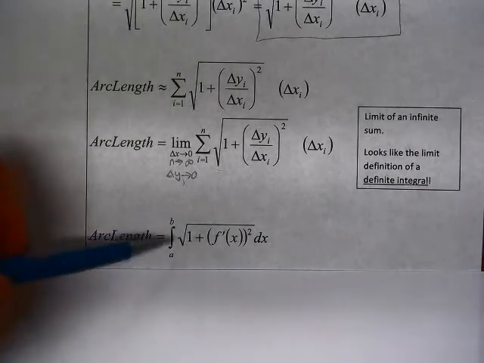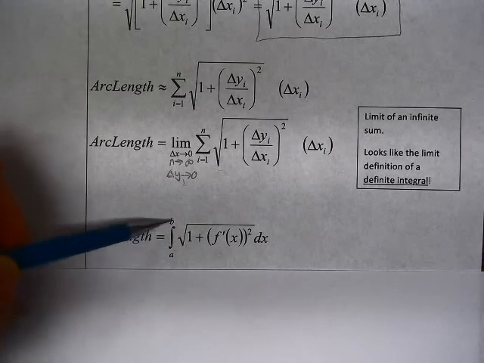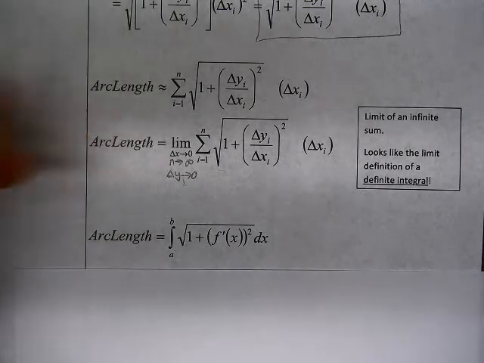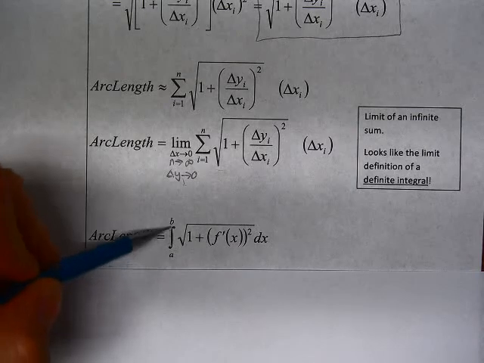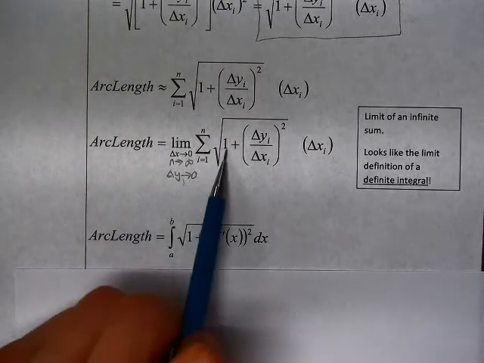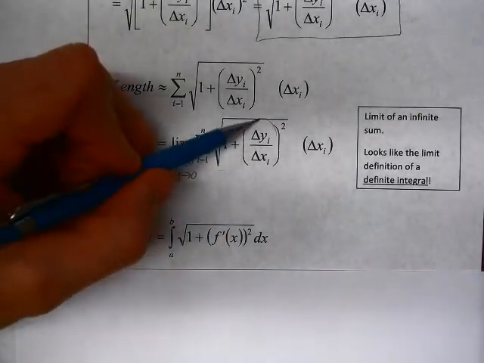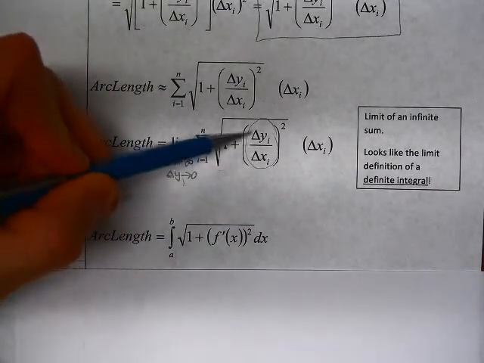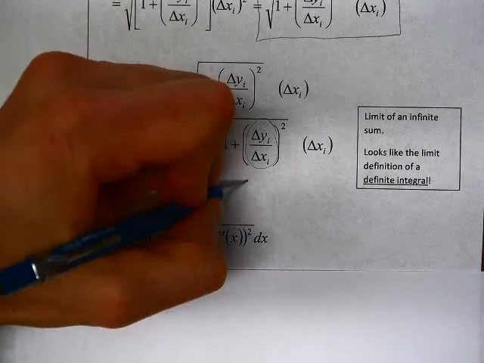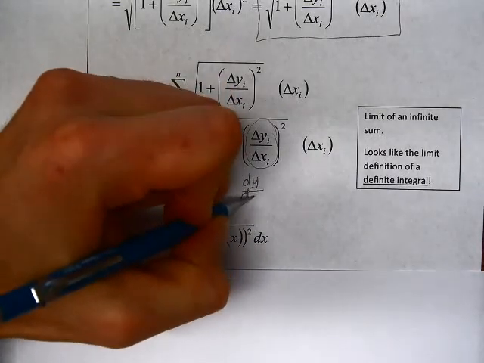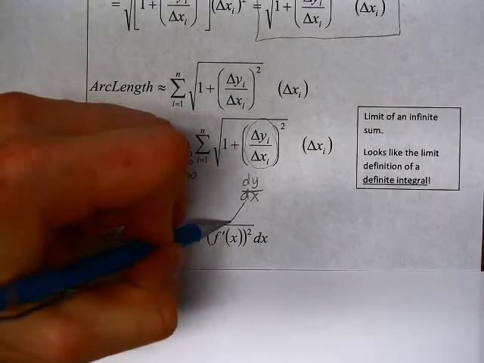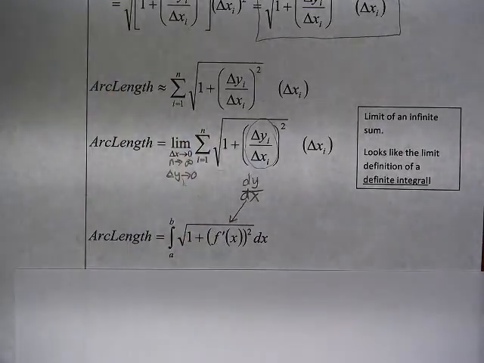So I have from a to b, so I have to think about what x value I'm starting with and what x value I'm finishing with as I move from left to right, my lower and upper limits. I have the 1 here, and as these deltas become smaller and smaller, they become differentials. And dy dx is just another name for f prime.